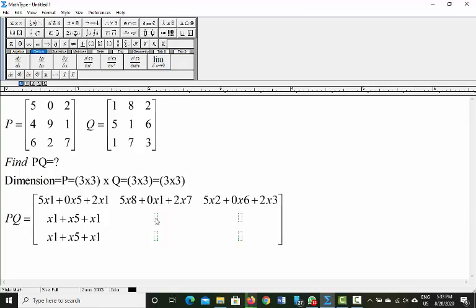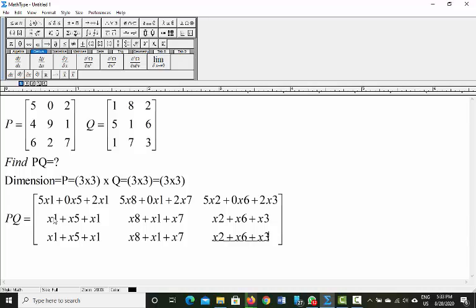Similarly here also we will write multiplied by 8 plus multiplied by 1 plus multiplied by 7. Then multiplied by 2 plus multiplied by 6 plus multiplied by 3, and this will come again, multiplied by 2, multiplied by 6, multiplied by 3.